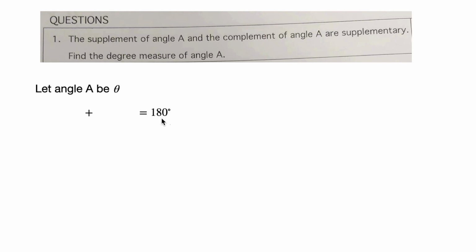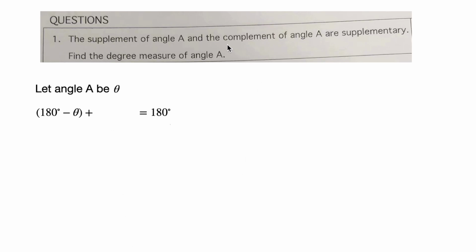The first part is the supplement of angle A. Whatever can be added to angle A to make 180 would be the supplement of angle A. So it must be 180 degrees minus angle A or theta, because adding that to angle A or theta would just give you 180 degrees, which is the definition of supplement.